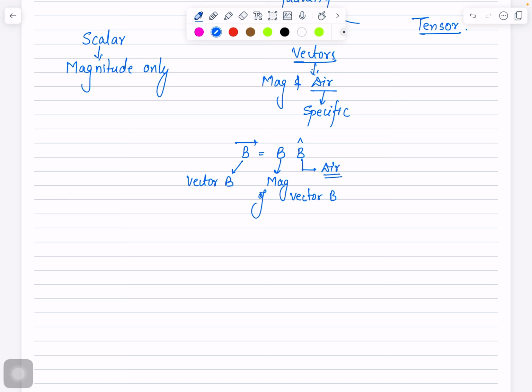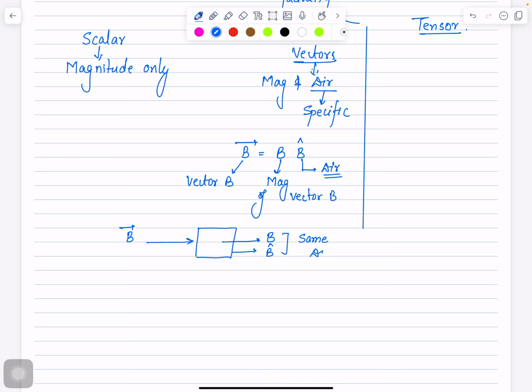But the interesting point to understand here: let's say this is a body and I'm applying a force. There is a vector B. So B vector: the magnitude is B and the direction is B cap. Both are in the same direction.